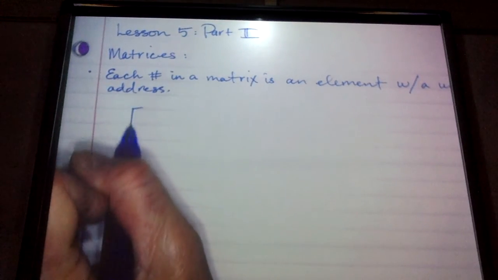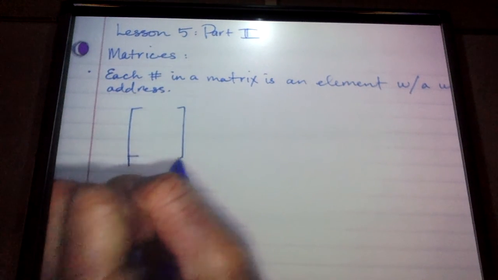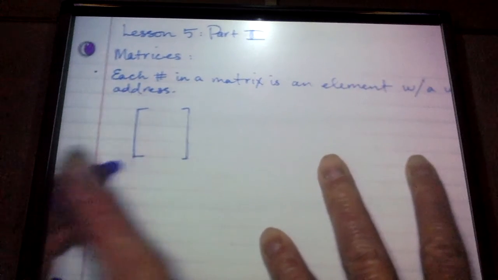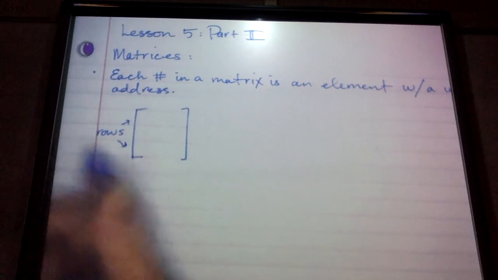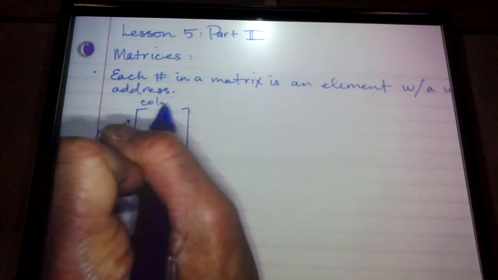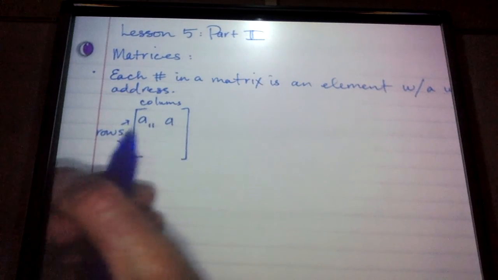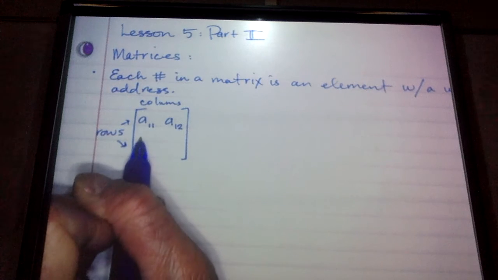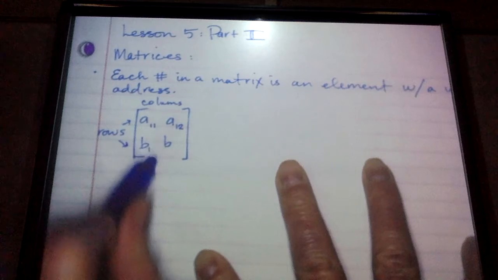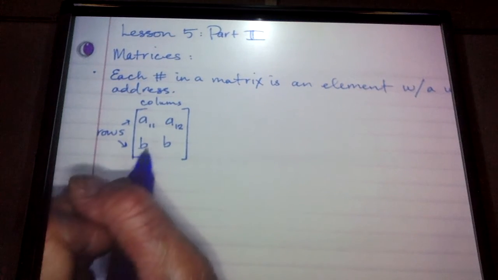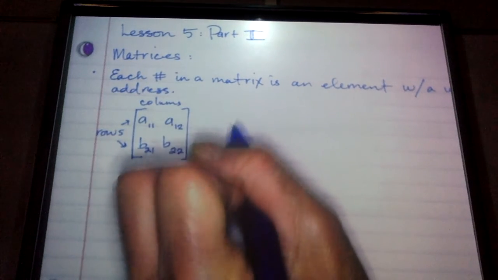For example, if I have a 2 by 2, remember they're named by rows, and up here I will have columns. Let's say I'm going to name each spot. So this would be A subscript 11, A12, B11, B21, and B22.